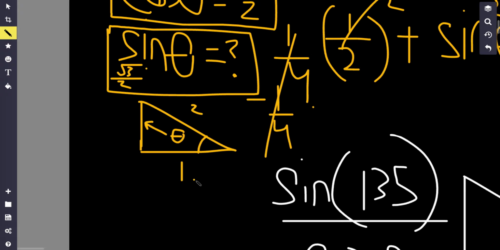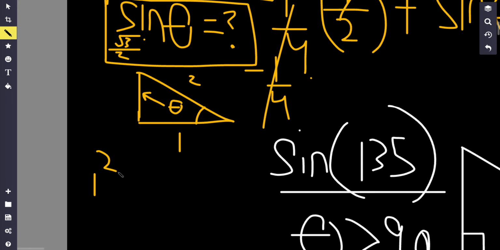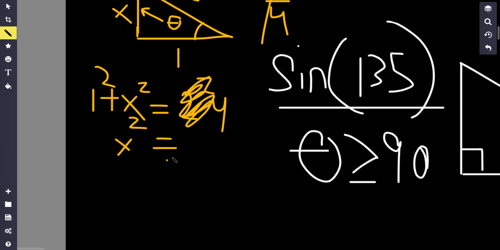And notice how if you do it this way, you can also do it the other way, right? You can say a squared plus b squared equals c squared. In this case, if we call this side x, you have 1 plus x squared equals 4. X squared is equal to 3.